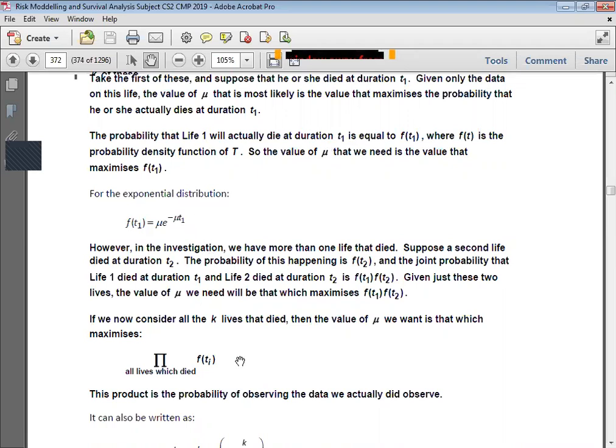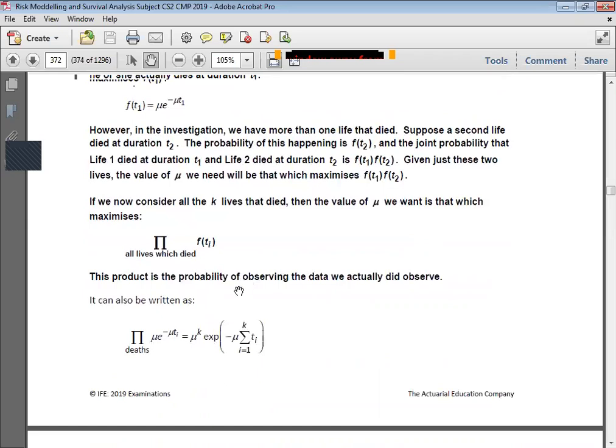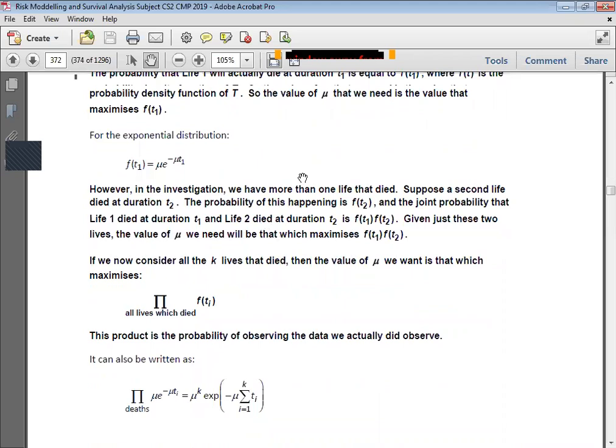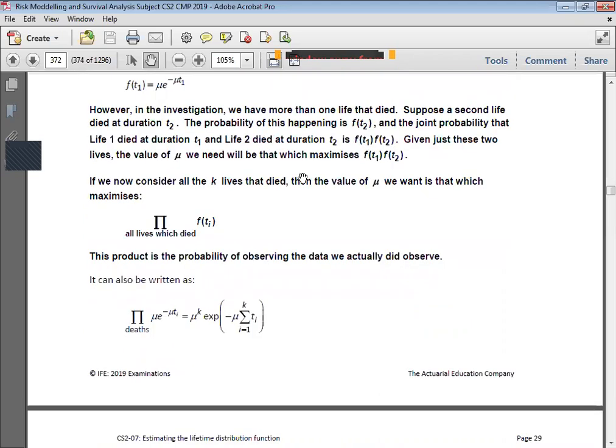And now this is what I will have to maximize. So instead of maximizing it just for the one life, if we observe k number of deaths, then you will have this thing as your probability density function for the lives that you observe to be dead. Again, remember, we are assuming that the distribution function that these lives have is exponential distribution.